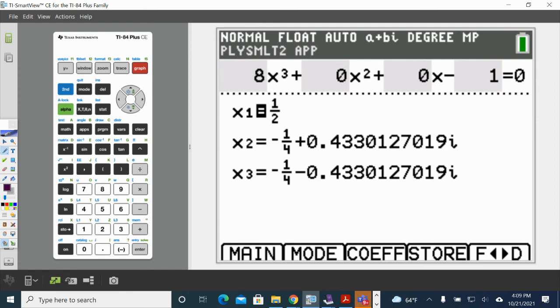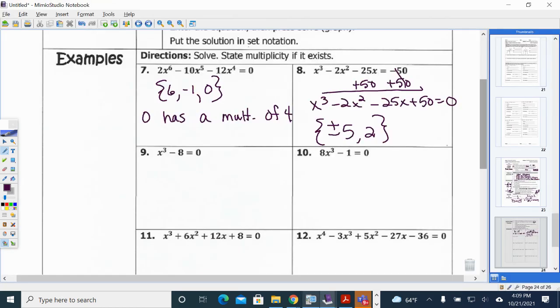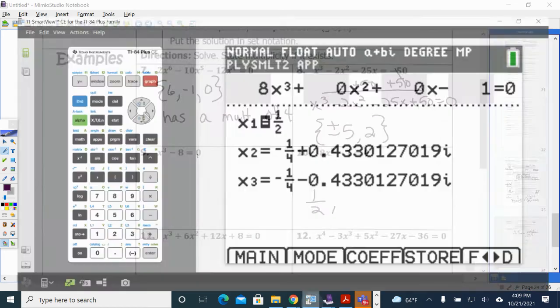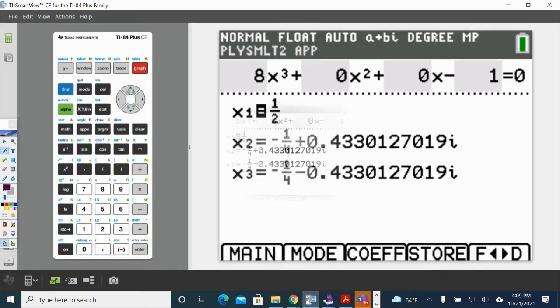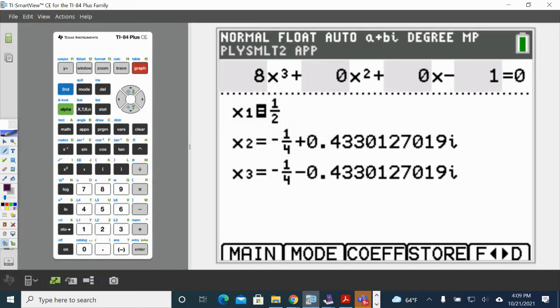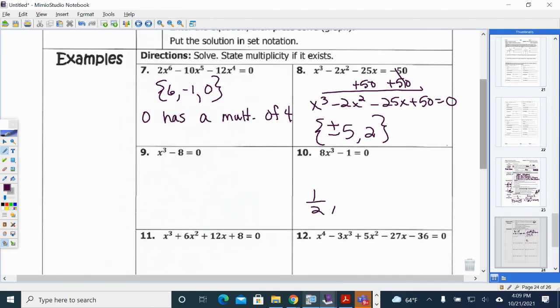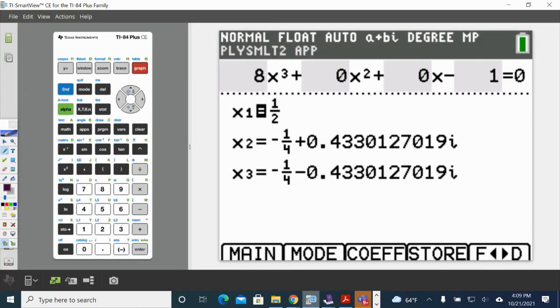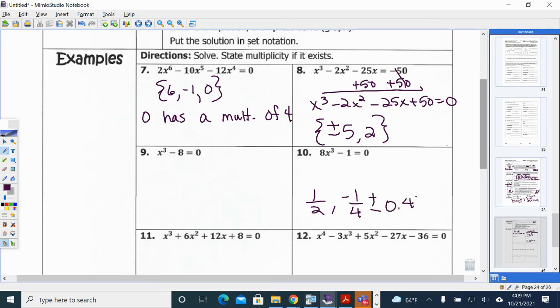The first answer is 1/2, plain and simple. The second answer and the third answer are identical except for the plus and minus. So -1/4 plus or minus, we're going to say 0.43 i. And those are my three solutions.